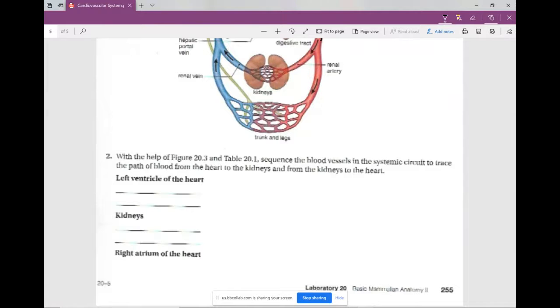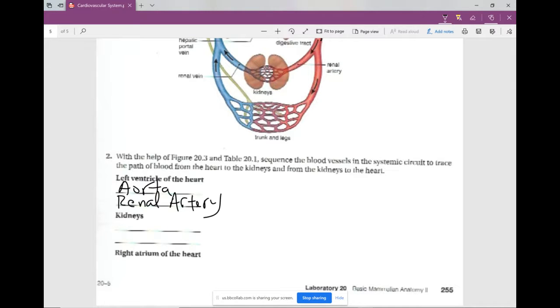All right, with the help of this table and figure, sequence the blood vessels in the systemic circuit to trace the path of blood from the heart to the kidneys. Left ventricle of the heart to the aorta, to the renal artery.